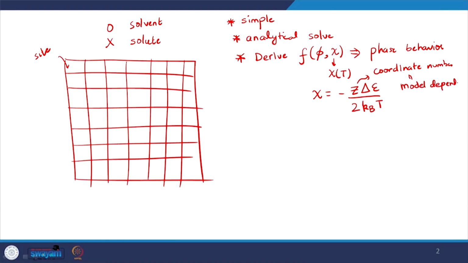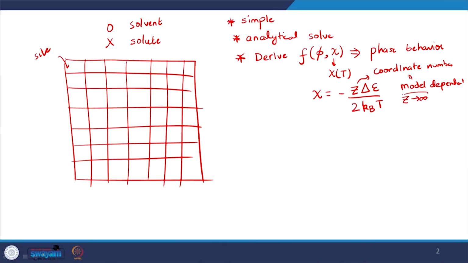In fact, we can think of the continuous space as the limit when z goes to infinity, because molecules can be anywhere. So, if that is true, then we are doing the actual system, but you may imagine that as z increases, the complexity somewhat increases.